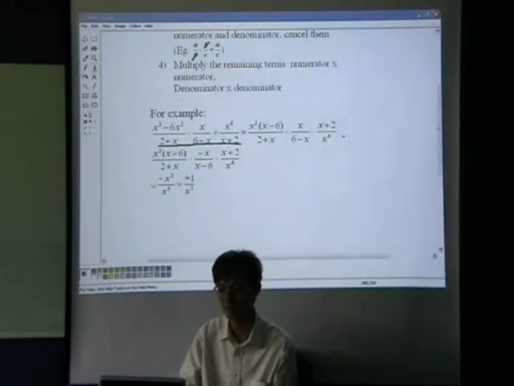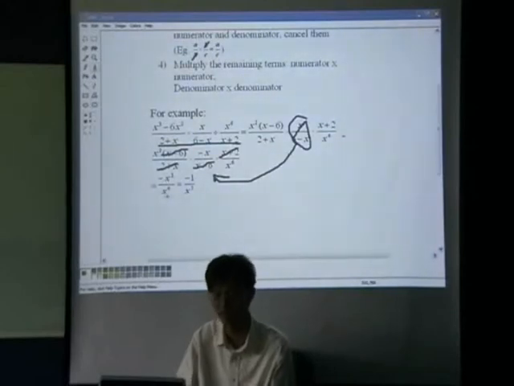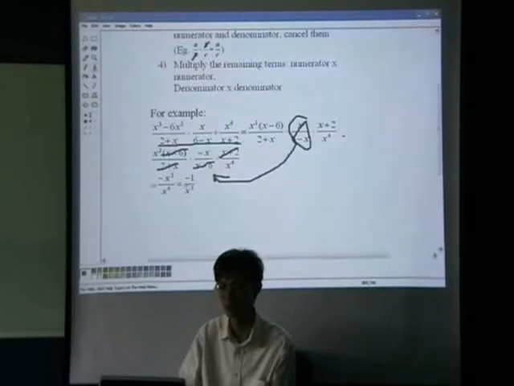The next step will be to change this term to minus x over x minus 6. After that, we can do cancellation by cancelling this term and this with this and this. The resultant fraction will be minus 1 over x cubed as the final answer.